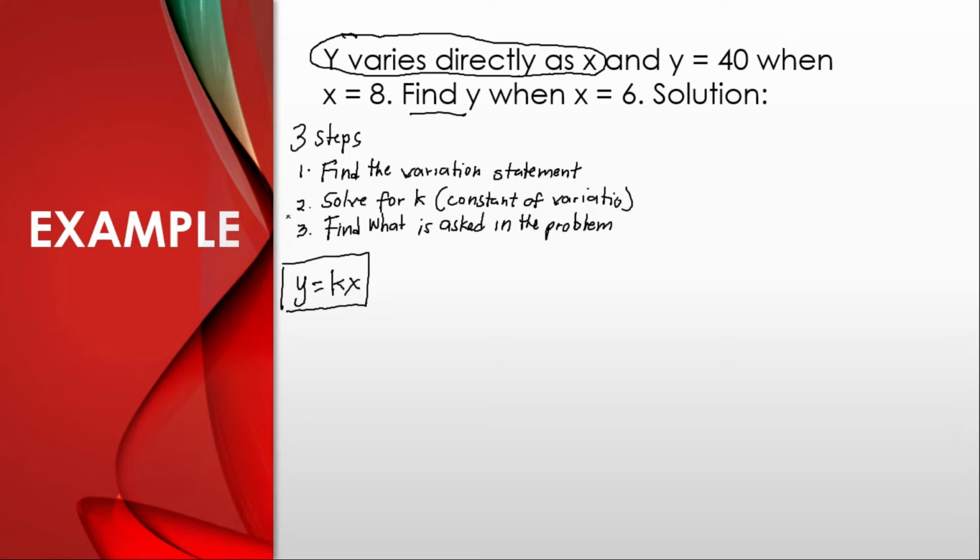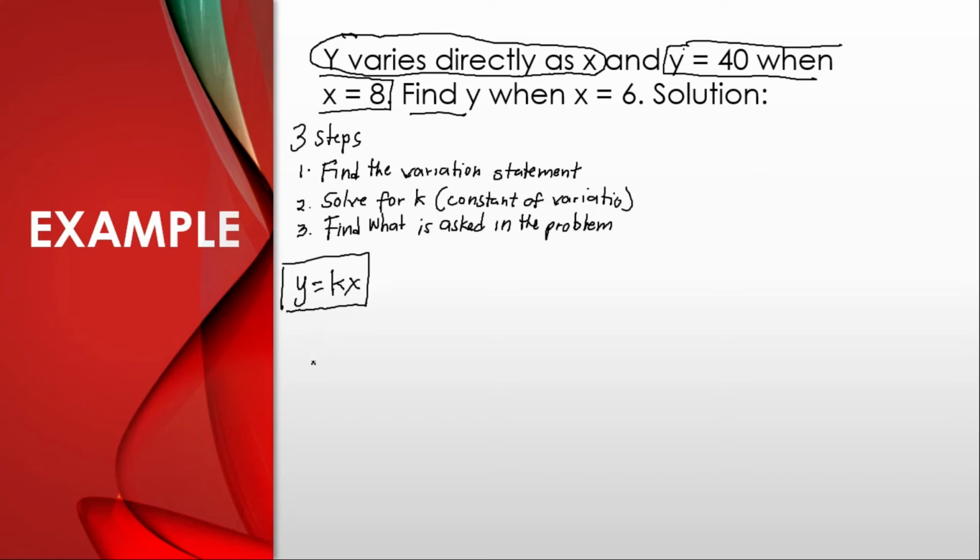We now solve for k. So, go back in here in this example. y is equal to 40 when x is equal to 8. Itong given na yan will be your given for the original variation. I-substitute nyo yan.